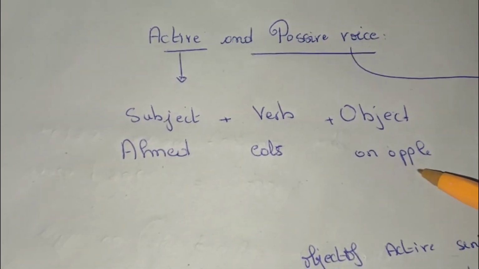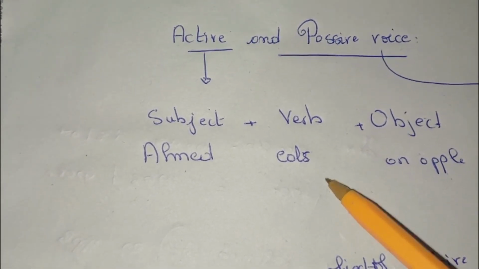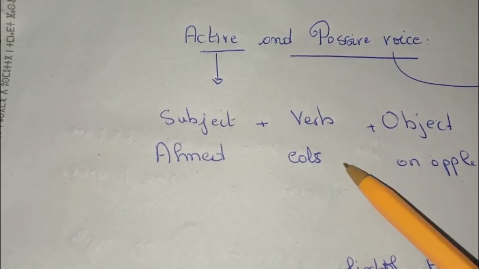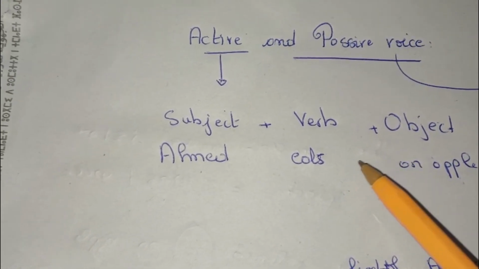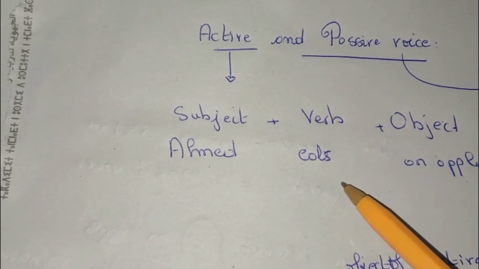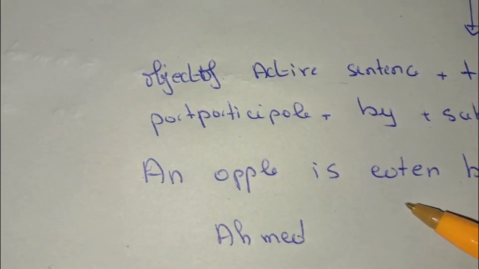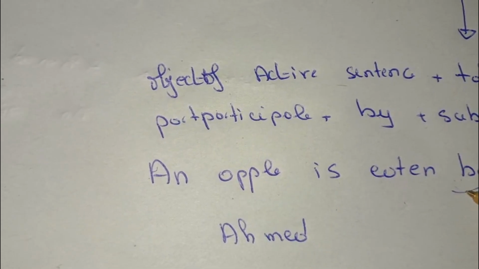An apple, then to be, is. This is the present, so we're going to use is or are. Eaten, the past participle of the verb eat is eaten, then we always add by someone, by Ahmed.